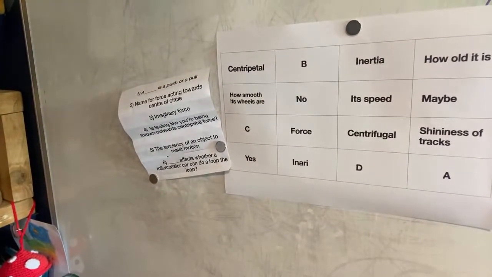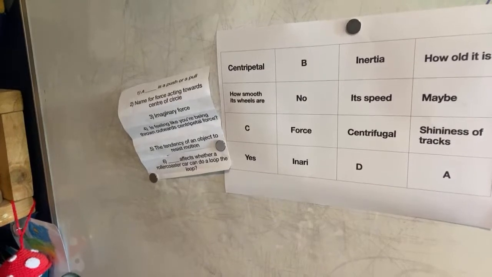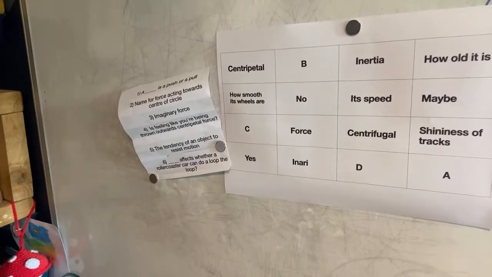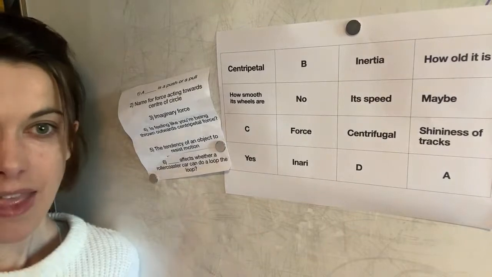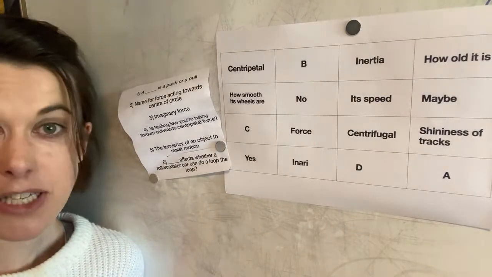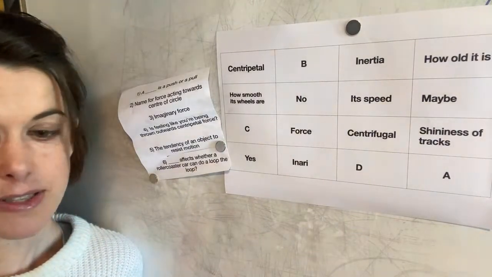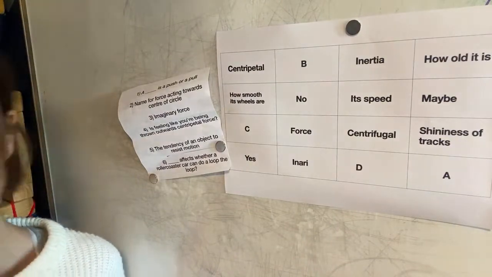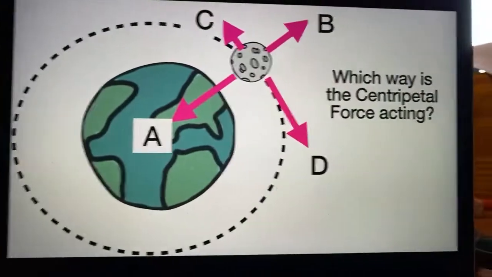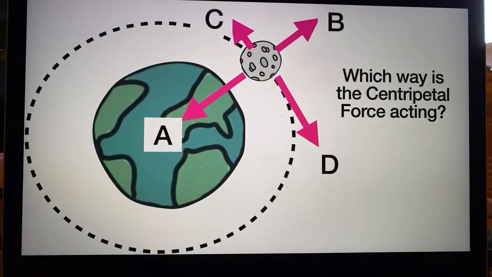And then for this next one, I need to show you a picture. Next question. I'm going to show you a diagram now, and I want you to tell me which way the centripetal force is acting.